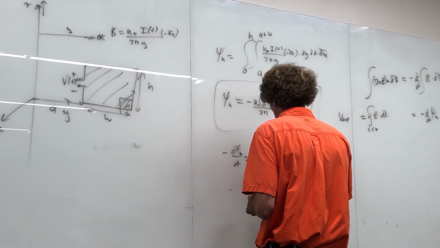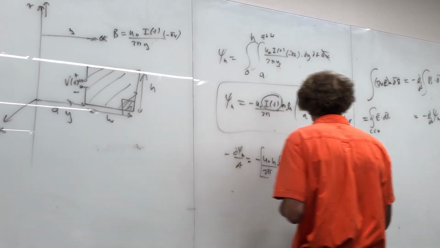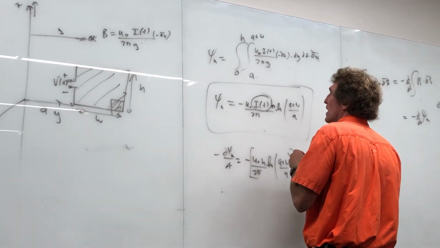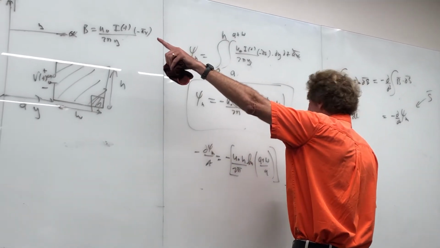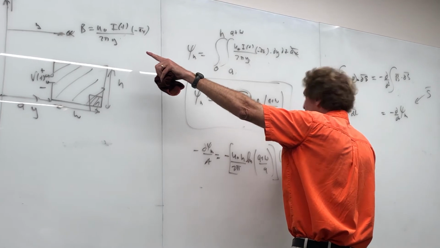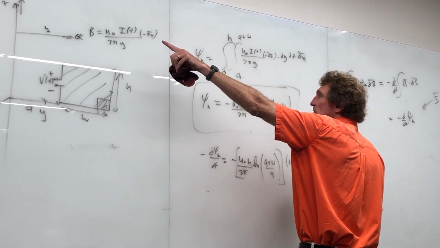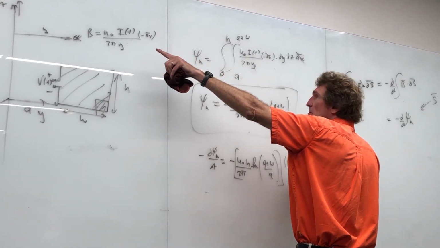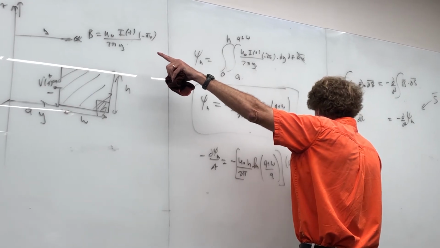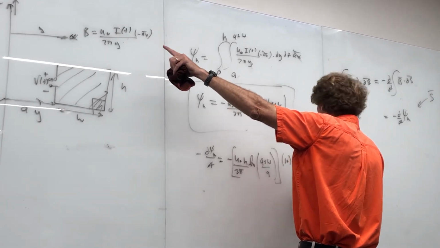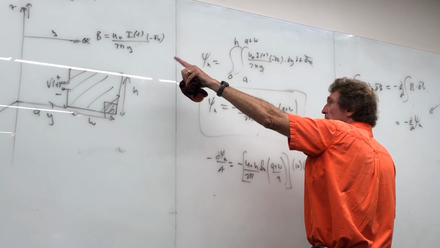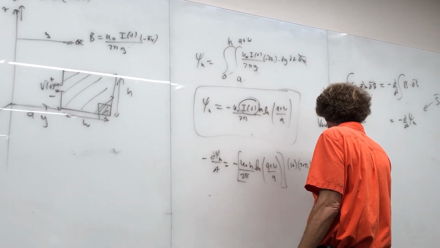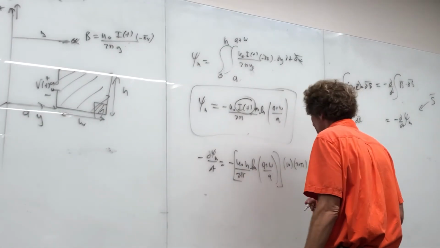I'm going to break that out as a single term, and then it's times the time derivative of I. Well, if I is that, the time derivative of it would be 20 pi coming out in front, times 10, then times cosine of 20 pi t, right? You agree with me?